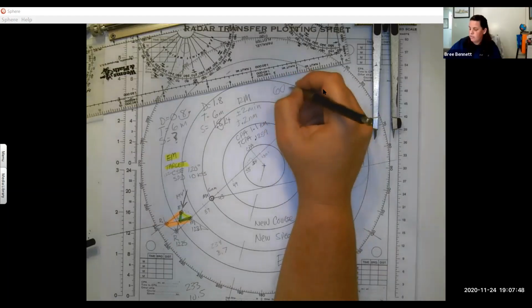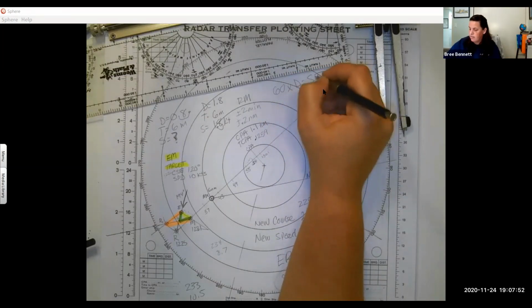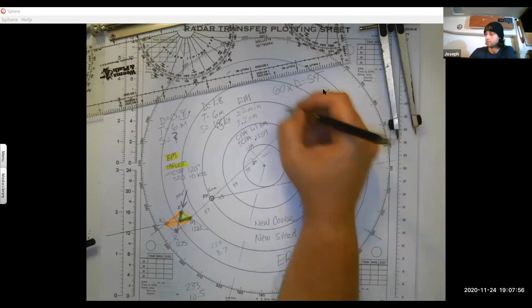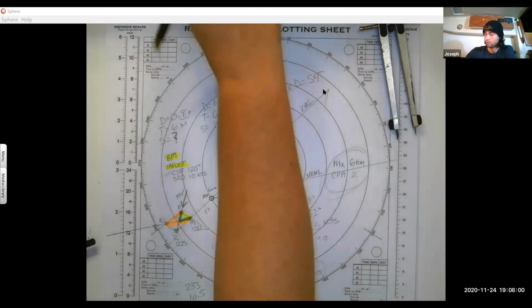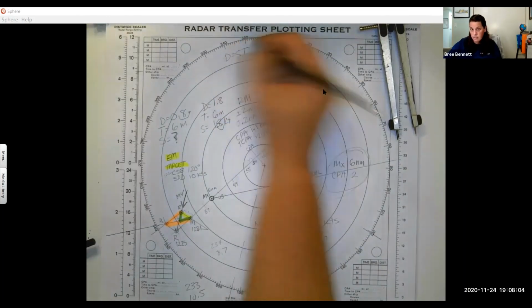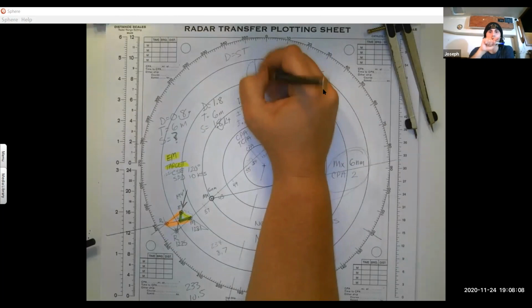Did you do the 60 D Street in Coastal Nav? Yeah, although I did a slightly different format than everyone else. Did you just do D equals ST? No, I did more of a box formation.